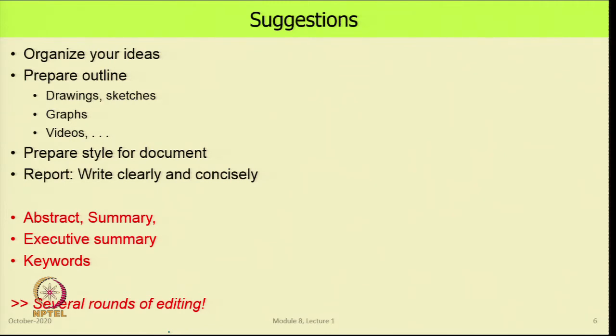So, in general, writing should begin by organizing one's ideas and then prepare an outline of whatever form in which we want to communicate. These would be just line items. We could then populate it with some drawings, sketches, graphs and videos. So, the information flow gets put together.